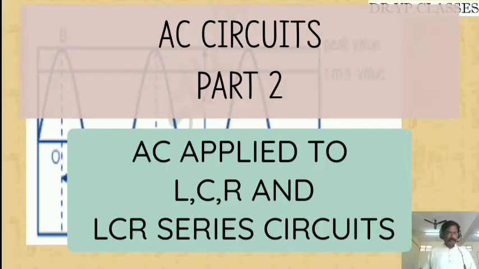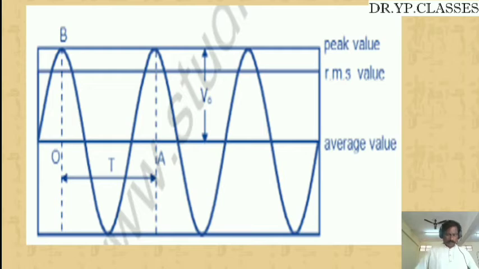Okay. In the last class we were discussing the alternating current definition and the peak value, average value, and RMS value, and the expressions for these three quantities.